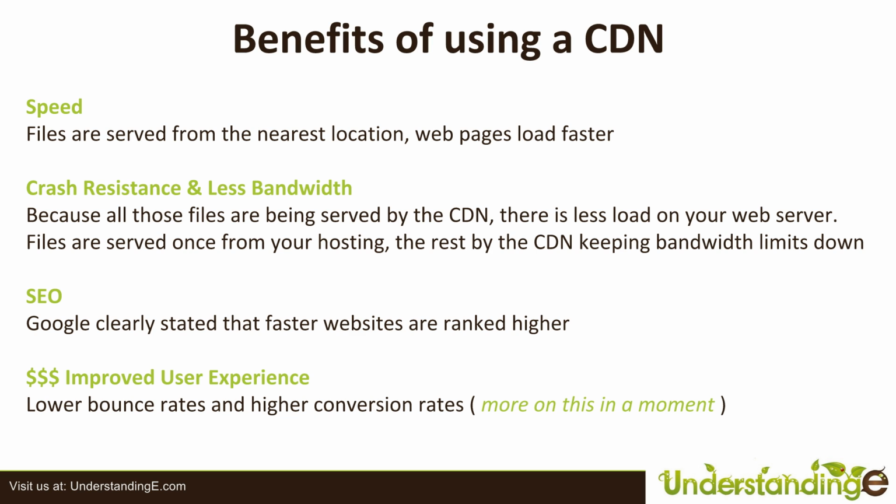Now, the CDN doesn't keep coming back for that same image, and the customer doesn't keep coming back for that same image. And the reason for that is because it then gets distributed across the globe. So when somebody in Australia, for example, requests that image, they don't come to your website, they go to one of the edge locations, one of those orange dots instead of your green dot, if that makes sense.